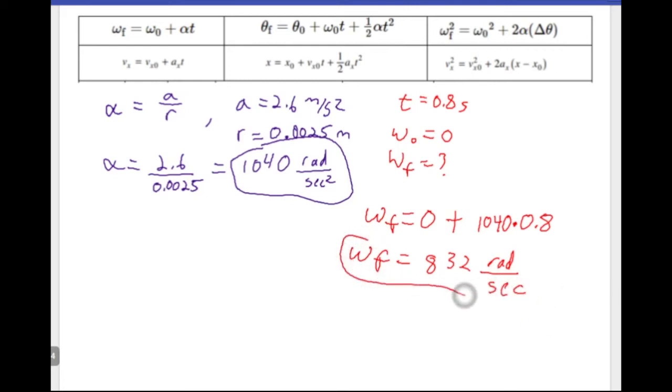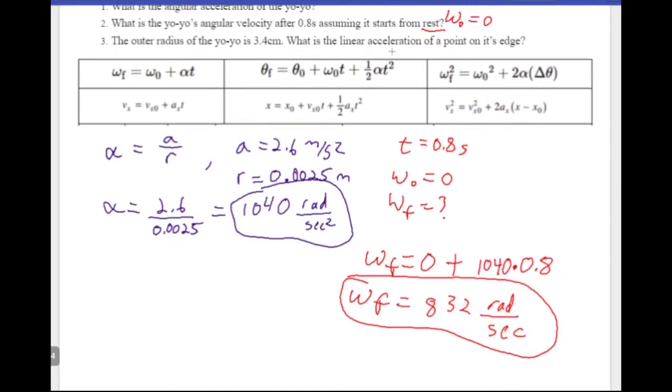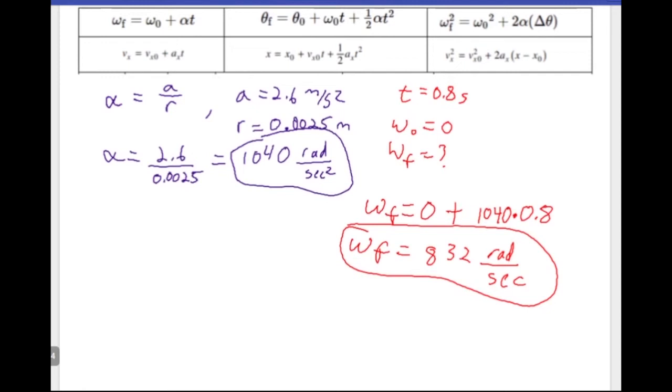Now that we know our final angular velocity, it asks us to solve for the linear acceleration of the yo-yo at the edge. We know the outer radius of the yo-yo is 3.4 centimeters. To do that, it's very similar to what we did in problem number 1, where angular acceleration is equal to linear acceleration divided by radius. This time we know the angular acceleration, it's 1040, and we do not know what the linear acceleration is.